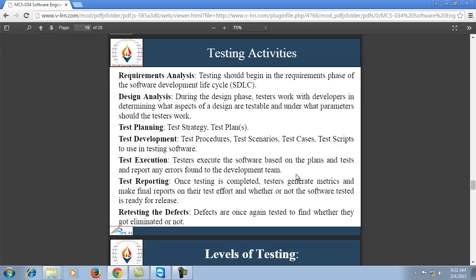Any questions so far? Next is test execution.